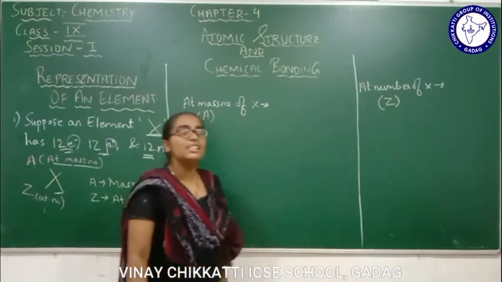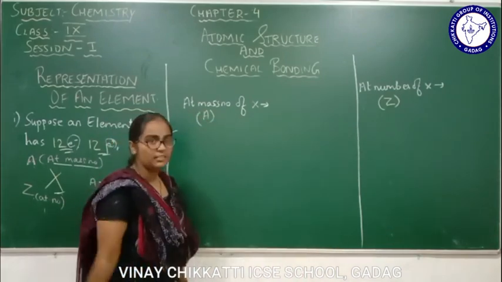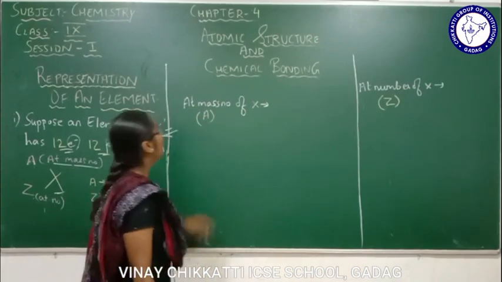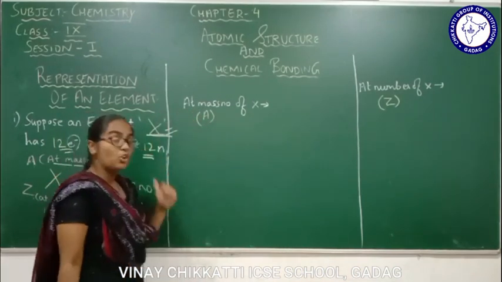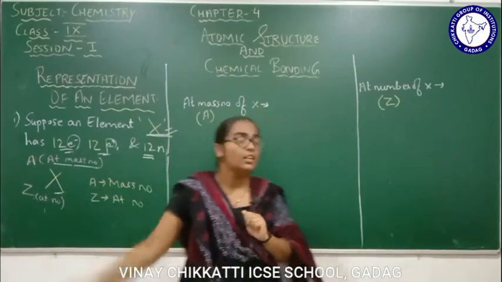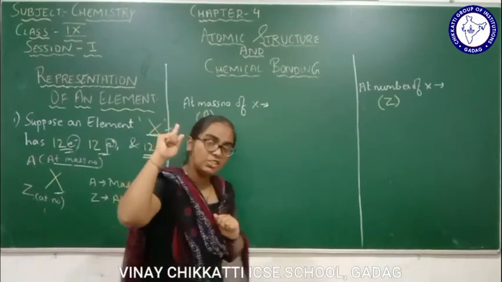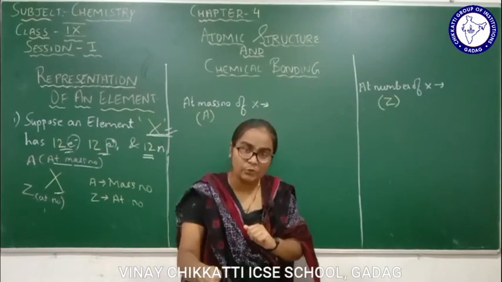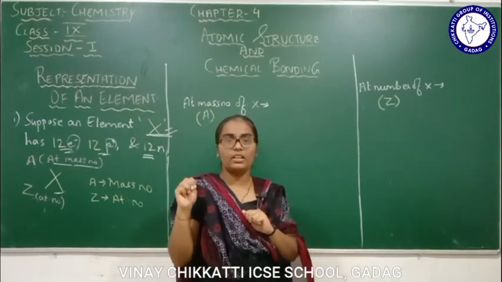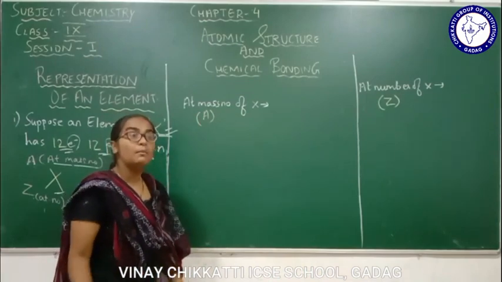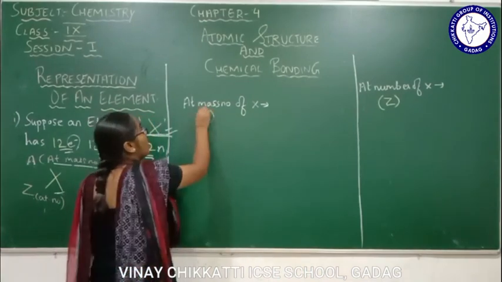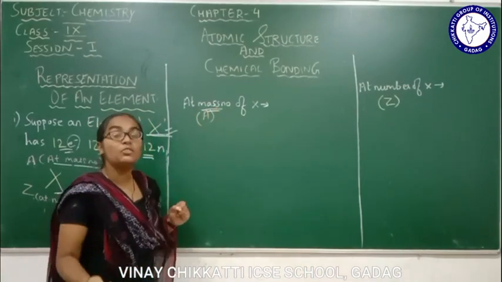Okay. Now let's understand this by solving it in the form of a formula. Atomic mass number is denoted by A of X. We are solving for element X, right? Now we consider that it has 12 protons, 12 neutrons and 12 electrons. Now atomic mass number means what? The word mass is there. Mass means what? Mass of the atom.